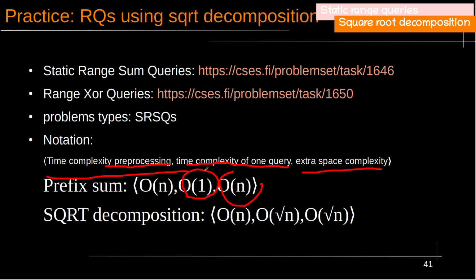This is the best approach, I think, if we have static range sum queries. But here we're going to practice on this square root decomposition technique in order to understand more how to pre-process and how to query using this technique.